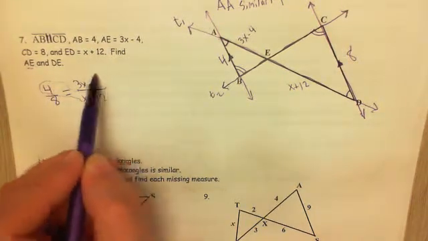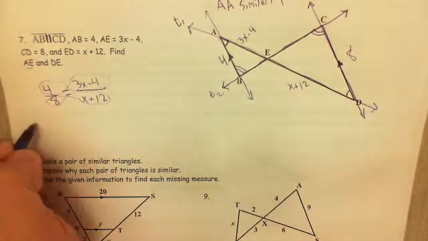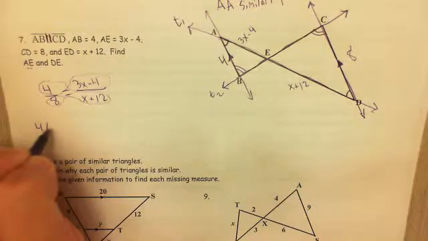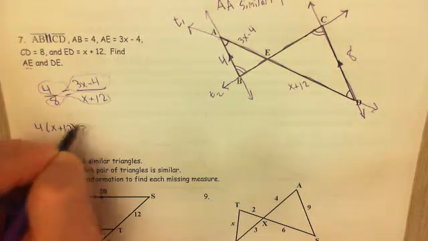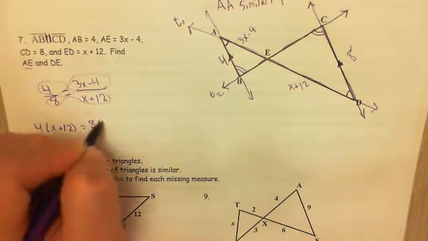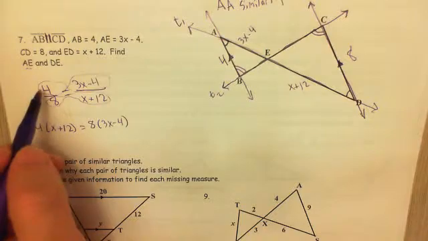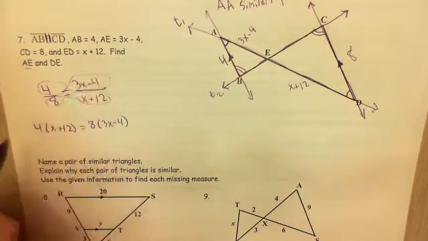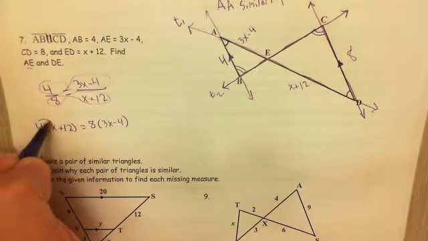So that is going to be multiplied with this. And so you end up with 4 times parentheses x plus 12 has to equal 8 times parentheses 3x minus 4. Okay, so 4 times x plus 12, 8 times 3x minus 4. Now remember, this is the distributive property.